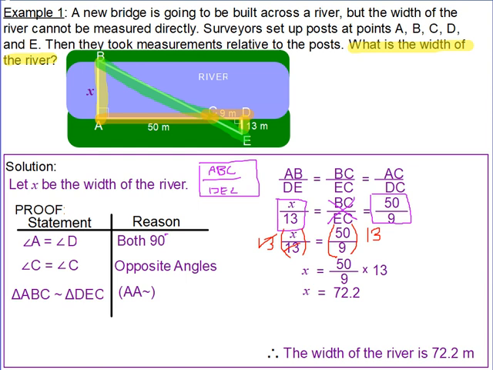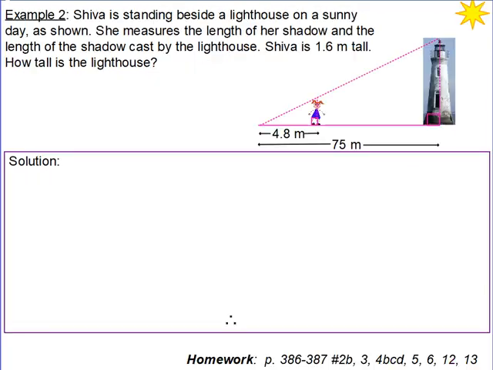Great. We got one more example. Example 2. Shiva is standing beside a lighthouse on a sunny day as shown. So you can see here's Shiva, right? There she is. And here's a lighthouse. She measures the length of her shadow and the length of the shadow cast by the lighthouse.